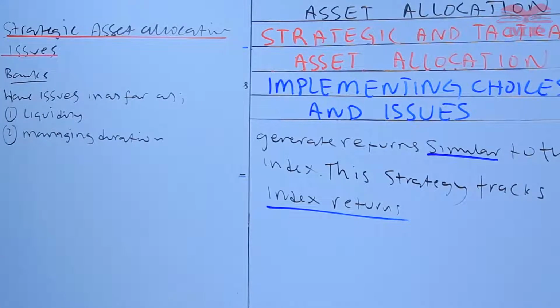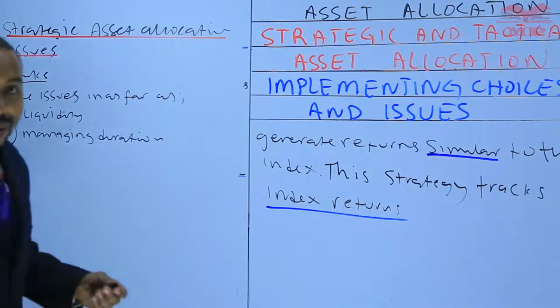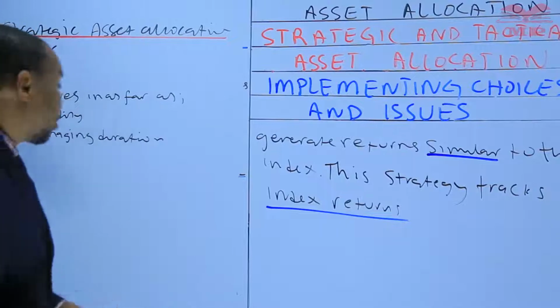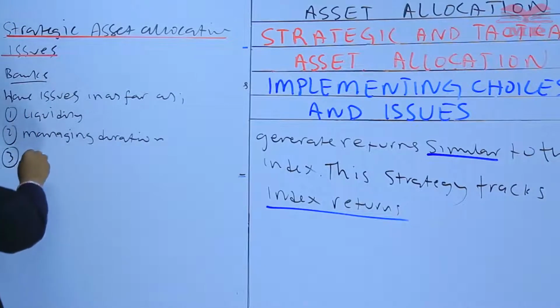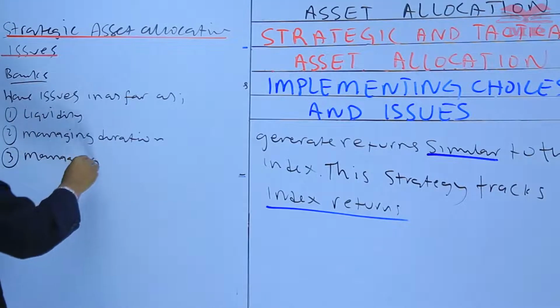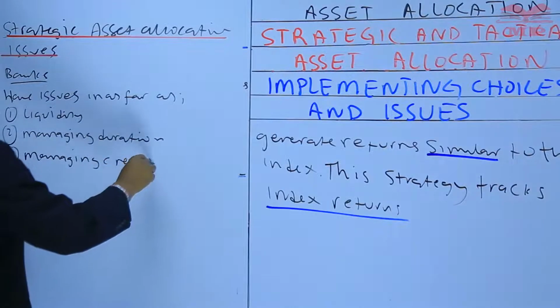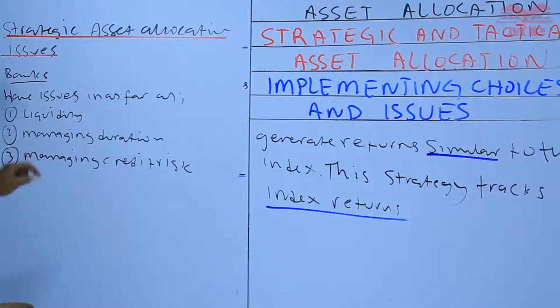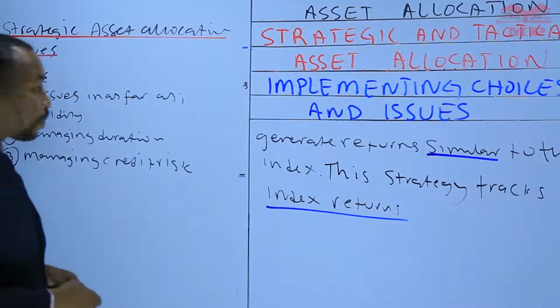Number 3, we're talking about managing credit risk. Once you've lent the money out, how do you manage that credit risk? So, managing credit risk. Credit risk is important, and these are concerns that affect commercial banks.